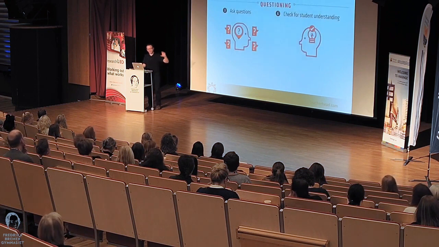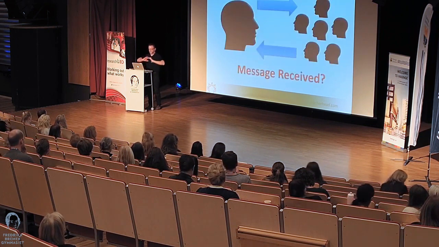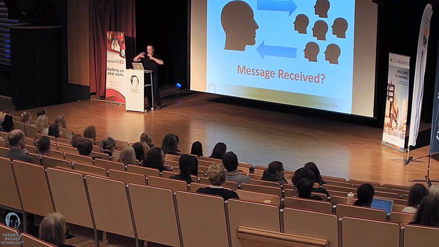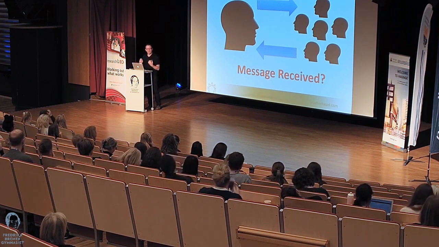I think the heart of the Rosenshine paper for me is this: asking questions. And this comes through a lot of studies. If you read Nuttall or Dylan Wiliam or anyone, instructional teaching is highly interactive. We need to check that learning is happening.